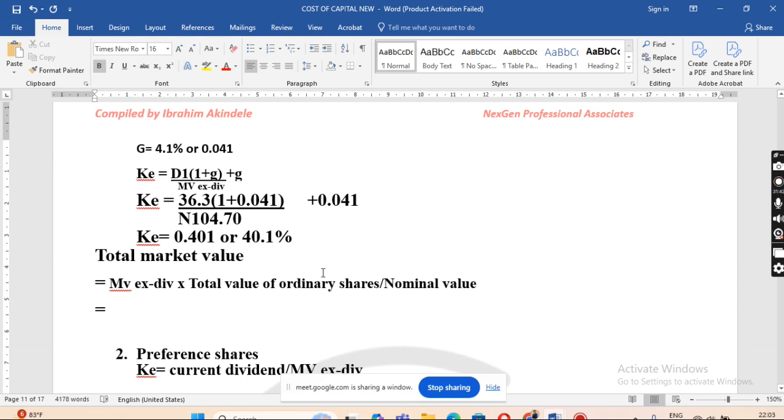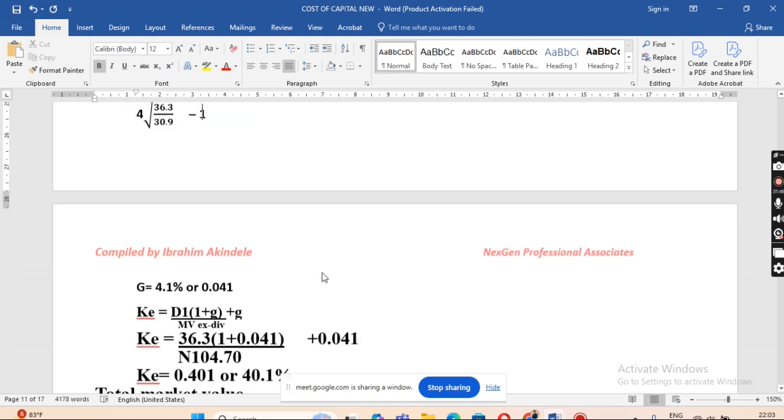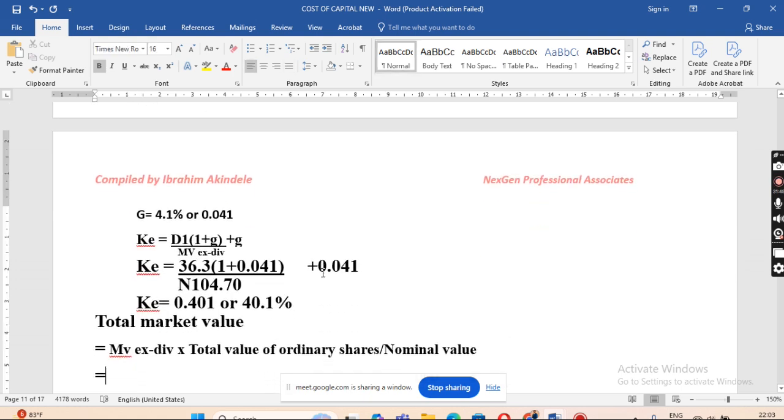Yes, sir. Okay, now the market value as div, let's check. We've gotten it already from the question. You can see the market value as div here.